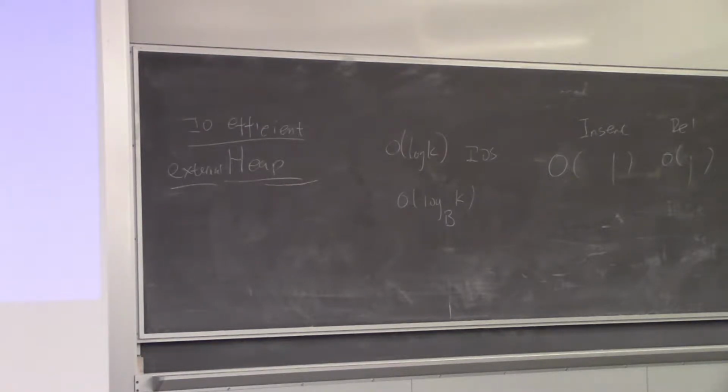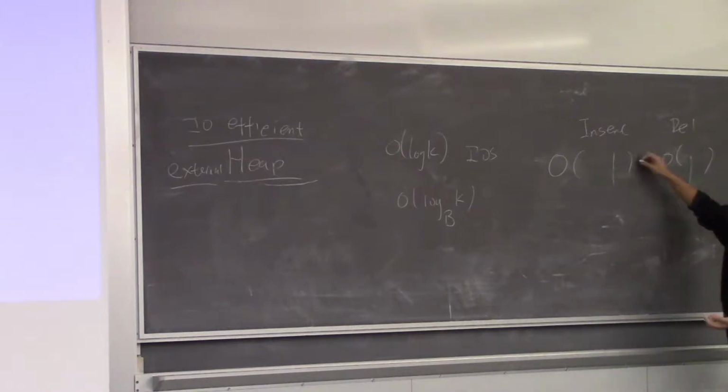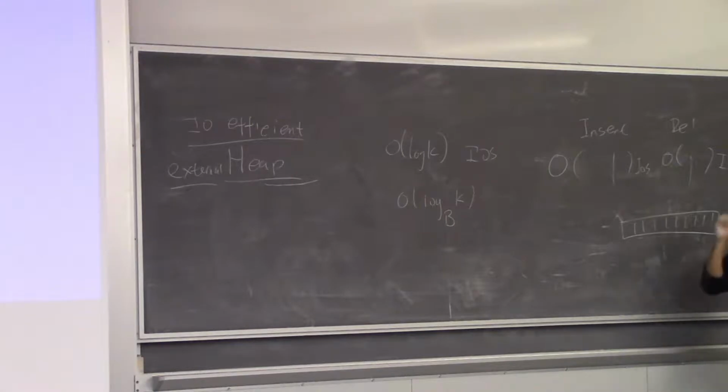You follow me? If you use this internal memory queue for external data, what happens? The insertion cost and deletion cost become constant I/O, right? 1 I/O. Why? Because this is the queue. But remember, now the picture is slightly different. This is the queue, but they reside in different pages. You follow me? Let me finish.